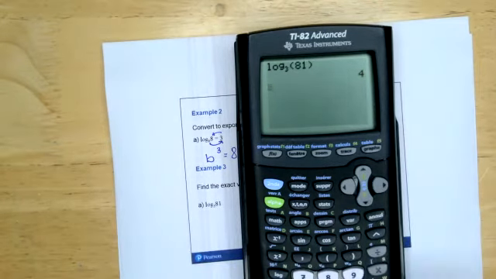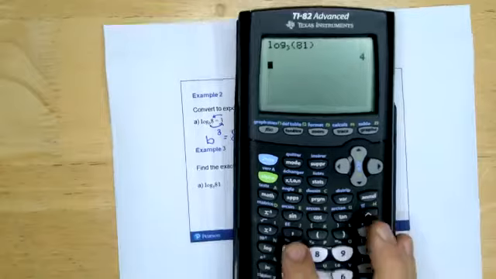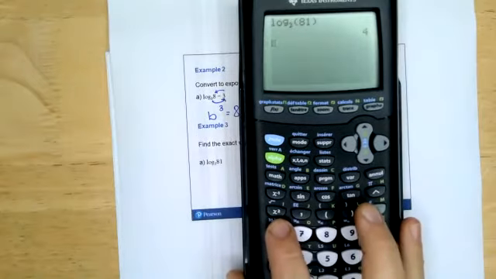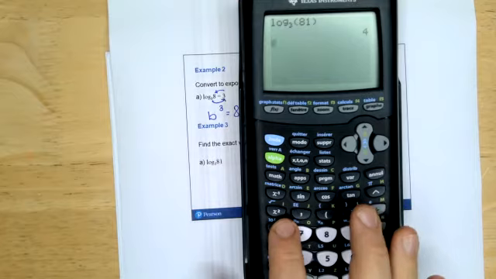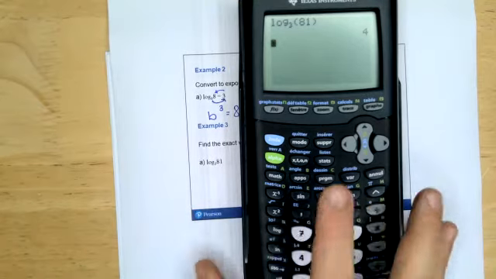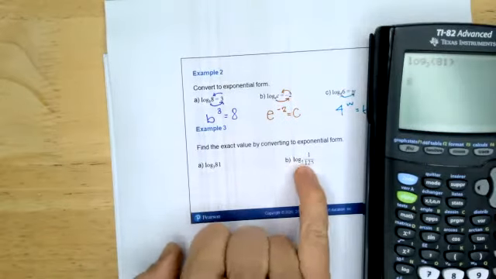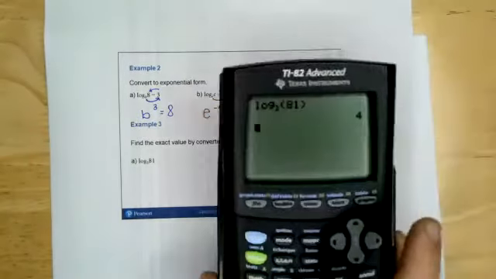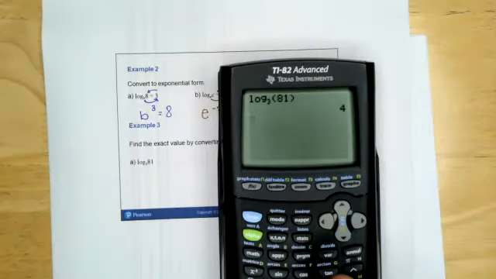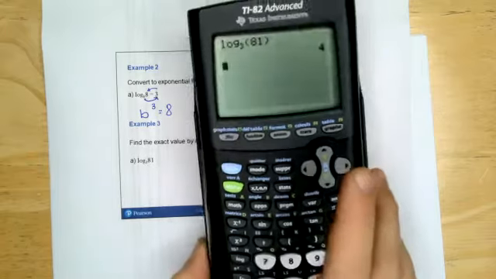Okay. If you just have a log button without the base, that's fine. It will work. It is an understood log base 10. So if you have a log base 10, it will work in your calculator as just the log button. However, you can use the change of base method to use log base 10 to determine what log base 3 of 81 is, okay?